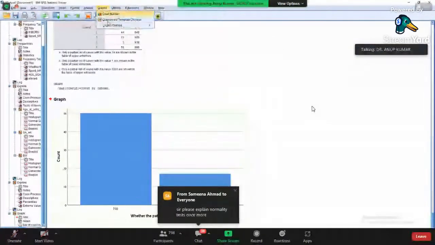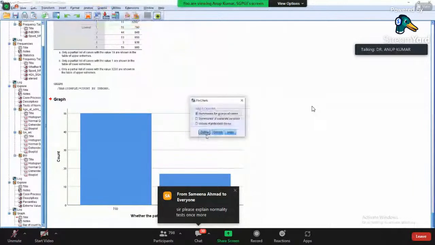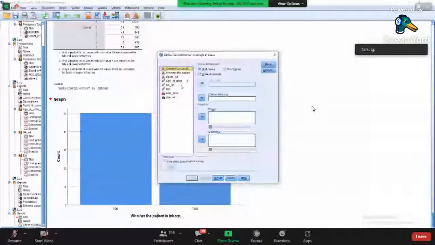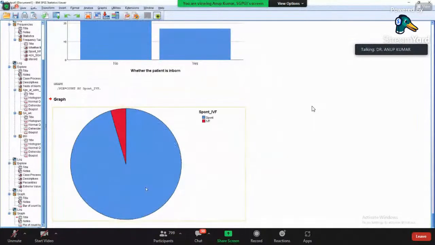Similarly, if I want to prepare the pie chart for spontaneous, because it has only two categories, the pie chart will look something like this. But if there are more than two categories, the pie chart will explain more.